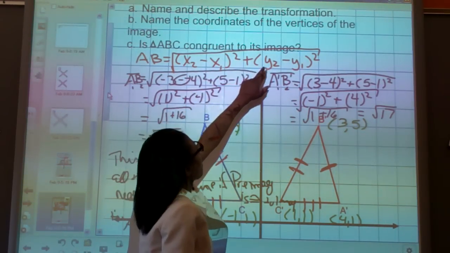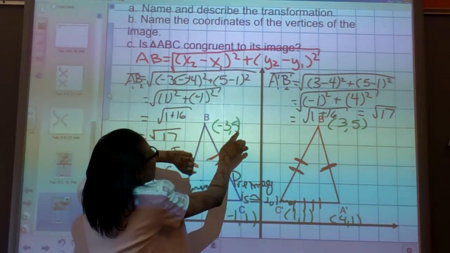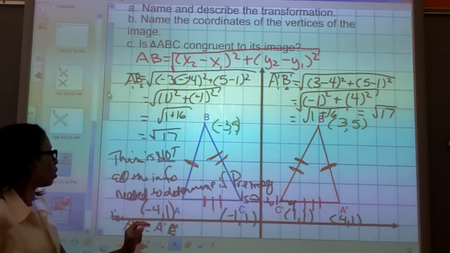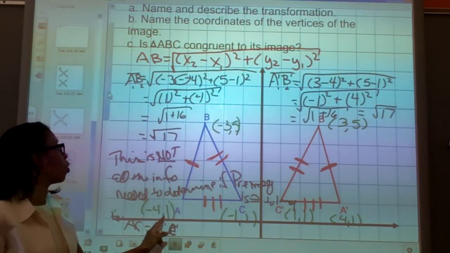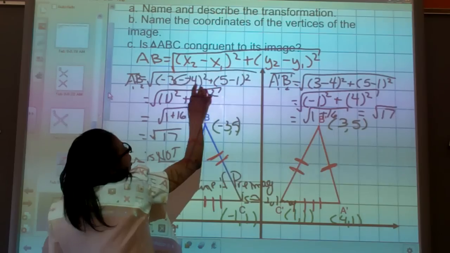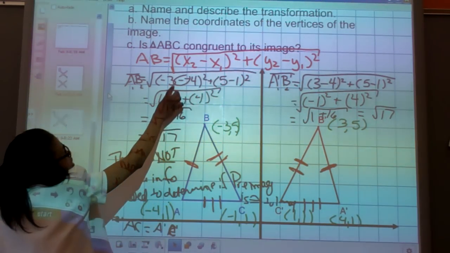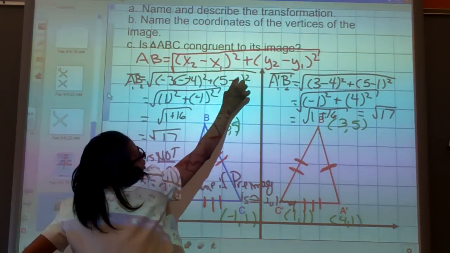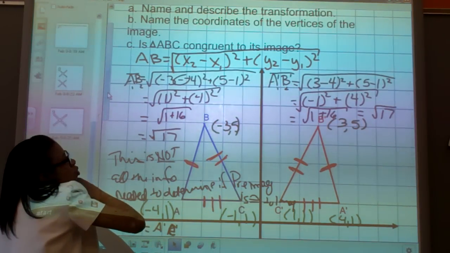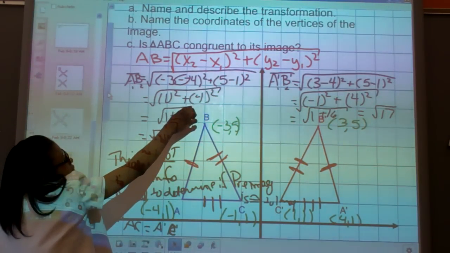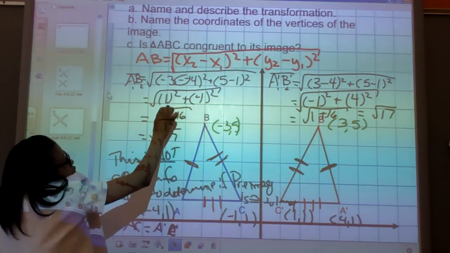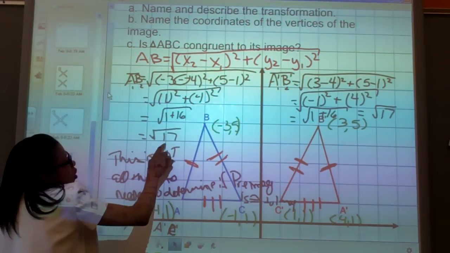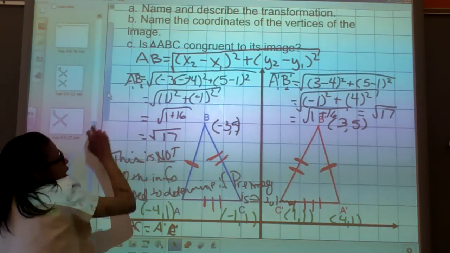Plus y sub 2, which is my B's, 5 minus the y sub 1, which is the 1. So 5 minus 1, and minus a negative will be plus, so this will be negative 3 plus 4, which is a positive 1 squared, plus 5 minus 1 is a 4 squared, which will give us a 16. So 4 squared is 16, 1 squared is 1. So the square root of 17 is the length of AB.